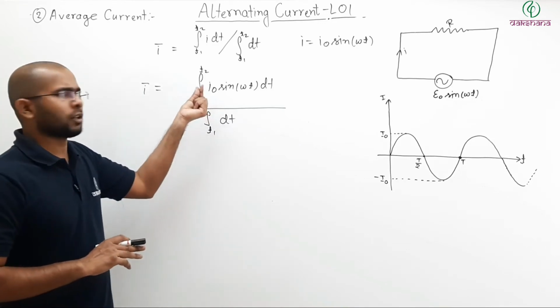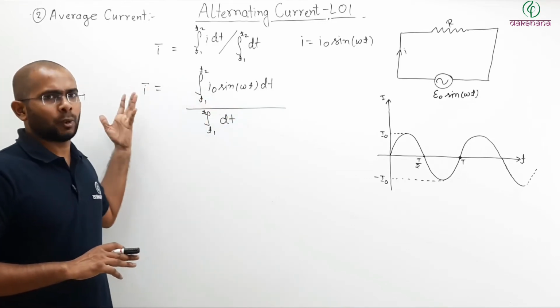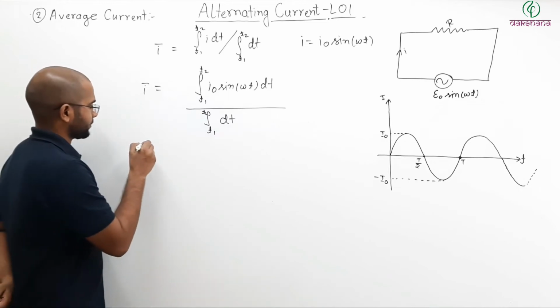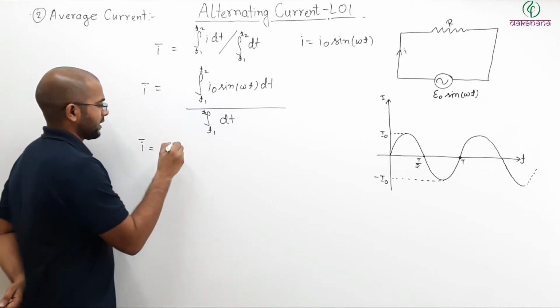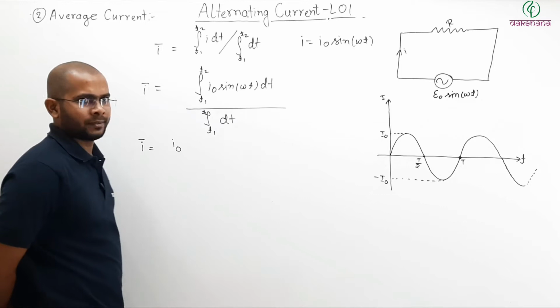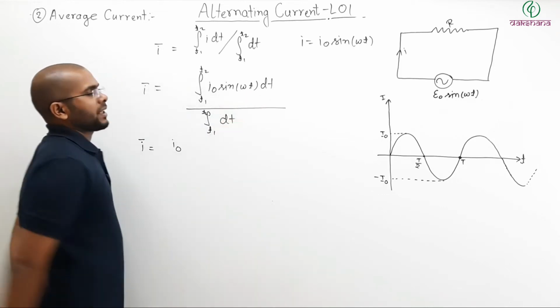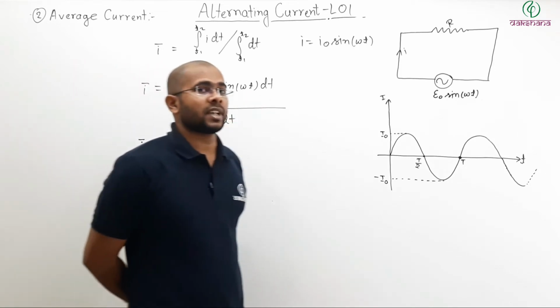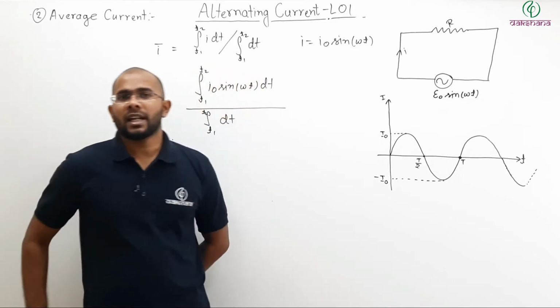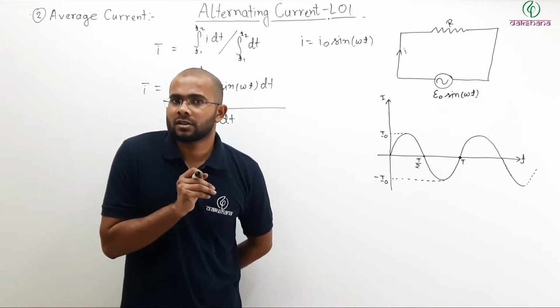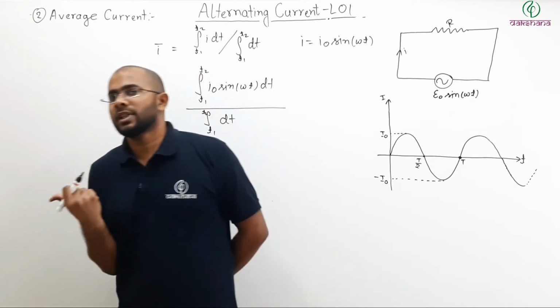So, I naught is a constant, you can take it outside. So, what you will get? I average is nothing but I naught, taken outside. Now, integration of sine omega t. Remember, sine is the differentiation of cos, so sine omega t integration should be cos.